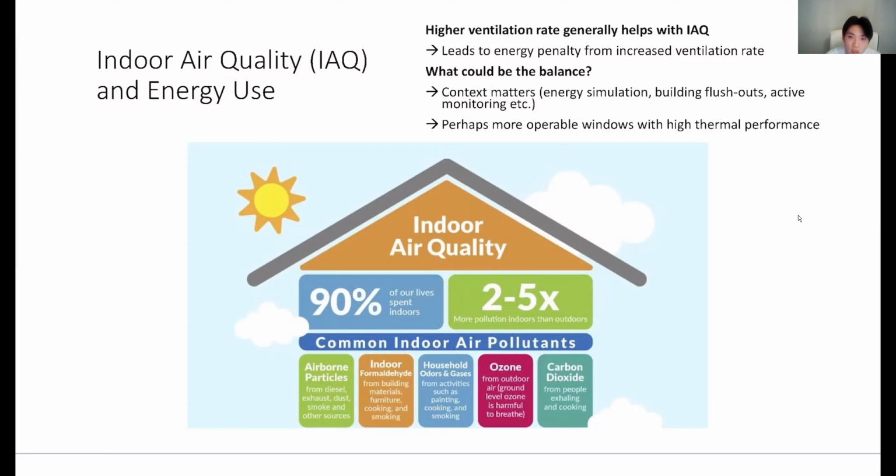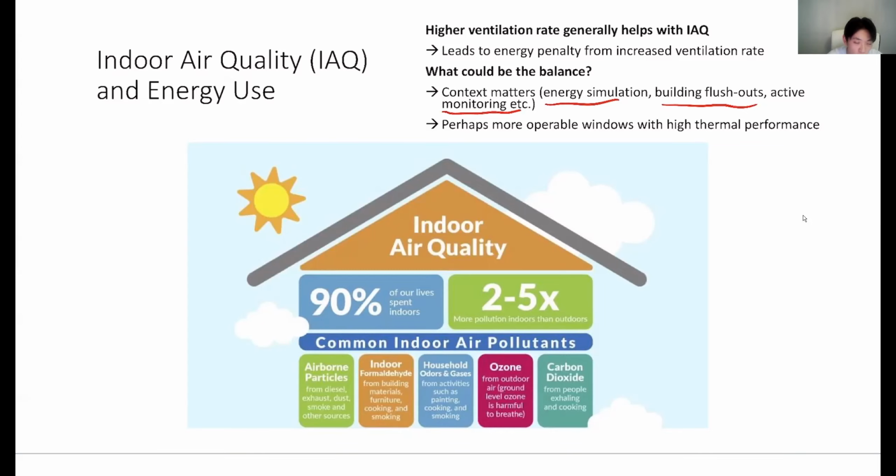So there are really a lot of ways to decide which approach we use, right? We can use energy simulation, we can use building flush-out to deal with indoor air quality, and we can also actively monitor, like with a CO2 monitor that monitors the CO2 level within a space. These are all examples of measures that we can take. Sometimes we can have more operable windows that are closed or open on demand.